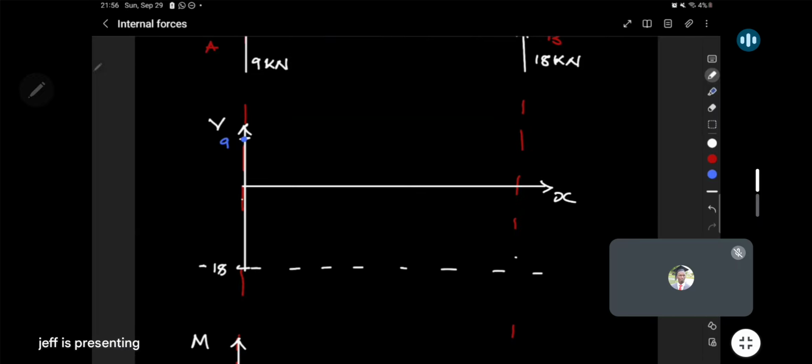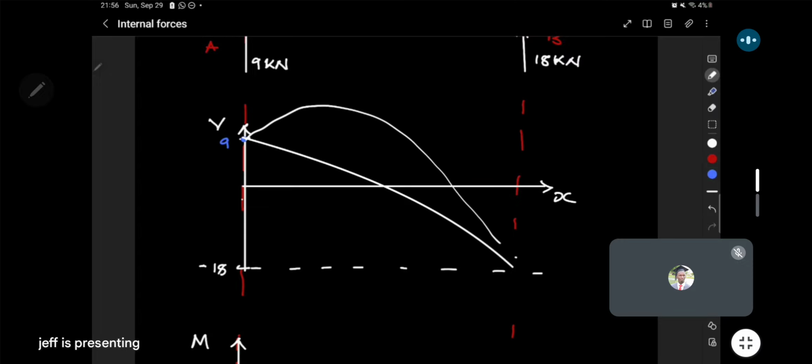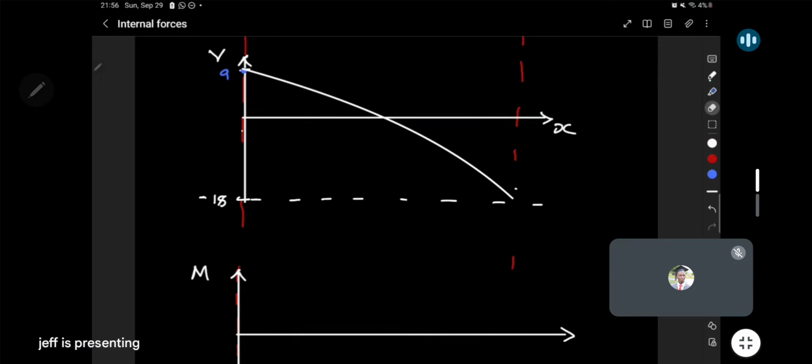In drawing our structure, there's a high chance it's like this, or maybe like this, or this is possible. But all we know is it's curving downwards. So it can be one of these. I'll leave it as a curve for now.